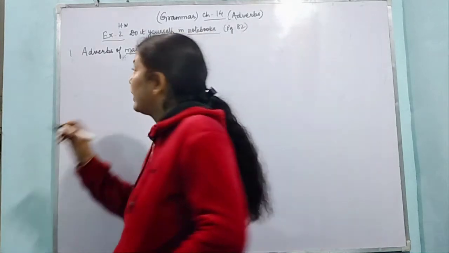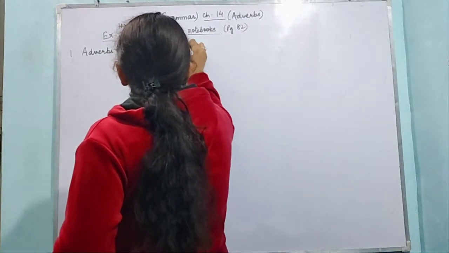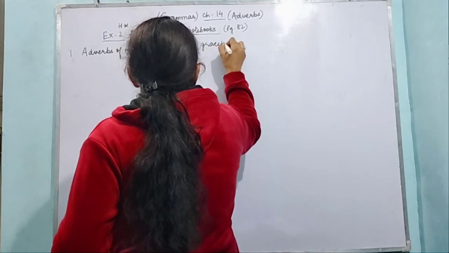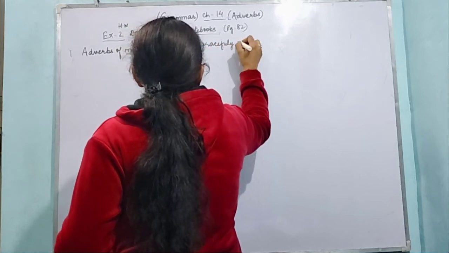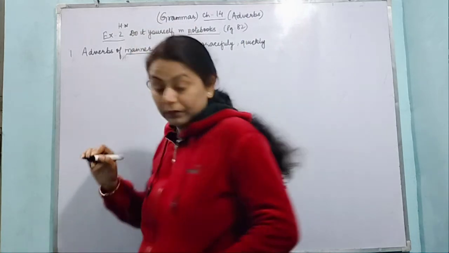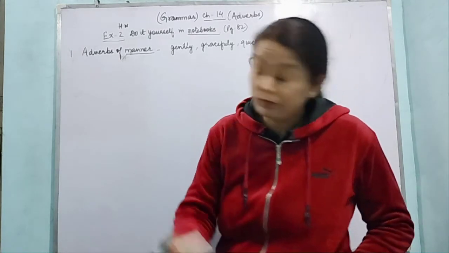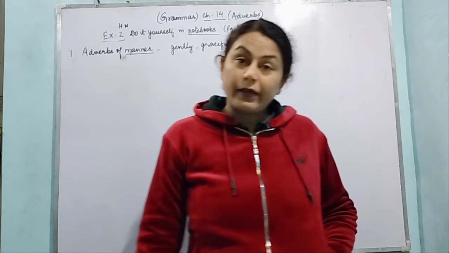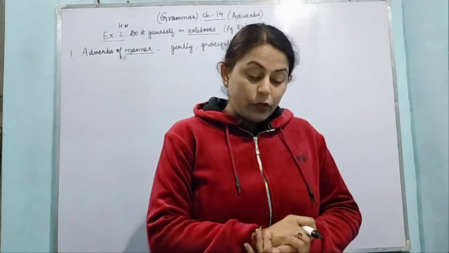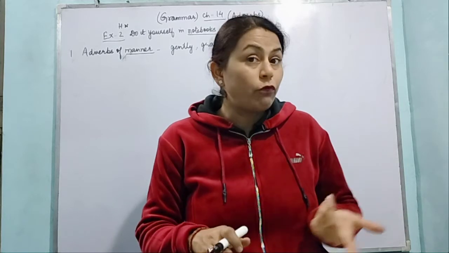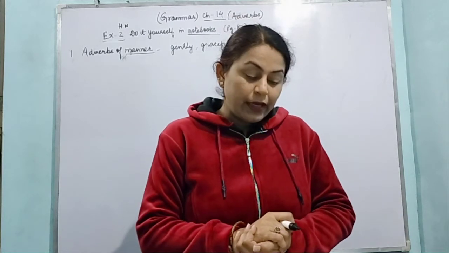Gracefully, gently, quickly. So, she sang gracefully. The ducks waded quickly into the water. Waded means झट से चली. Waded कैसे? In what manner? Quickly. She sang gracefully. How she sang?